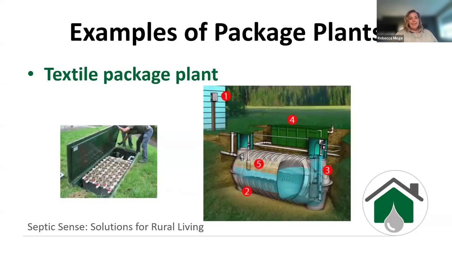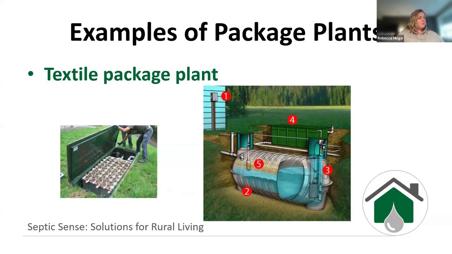And again, a textile package plant. Just another example of a package treatment plant that is for residential use. It has a few more pieces and components, but it provides a very similar function. It just depends on your supplier and what brand they carry.